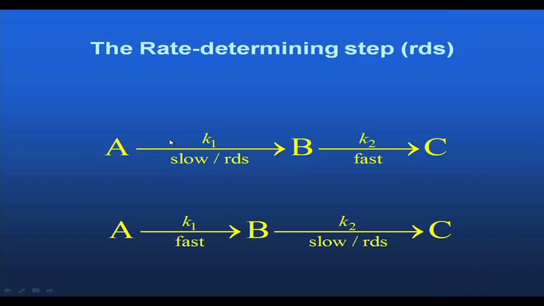So, what is a rate determining step? In short it is called RDS. Suppose we have a complex reaction of the form A to B to C. The first step has rate constant K1 and the last step has rate constant K2, and among these two steps, the A to B step is the slower one and the B to C step is the fast one, that is, it occurs very fast and does not take time.